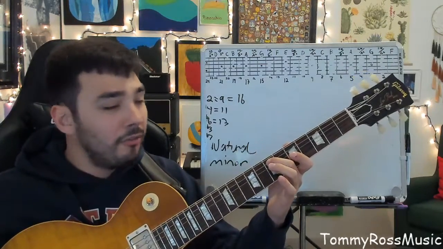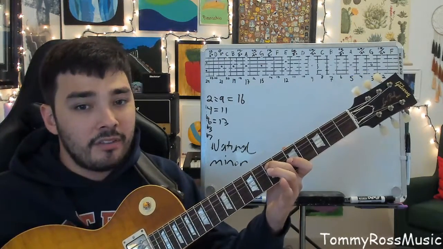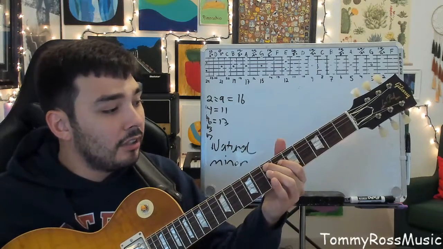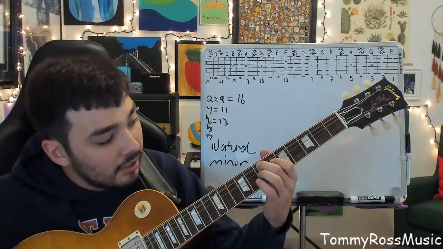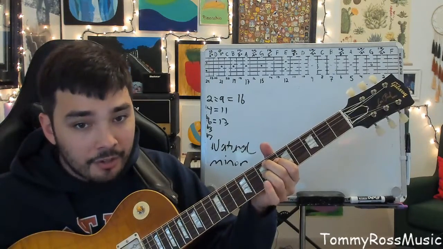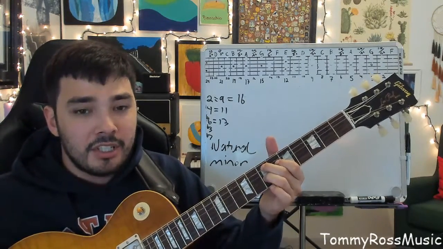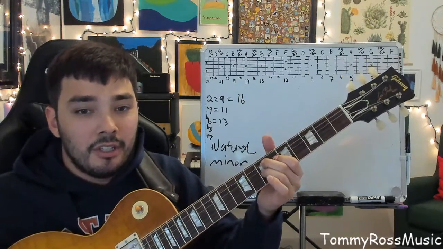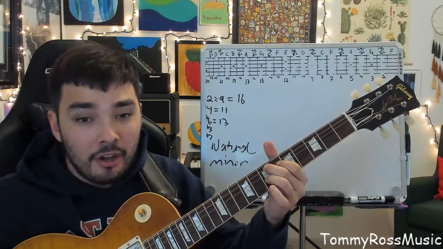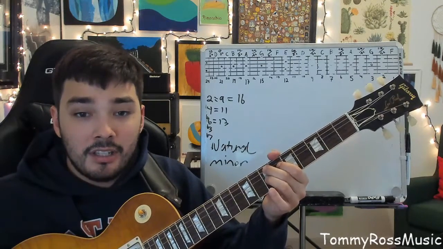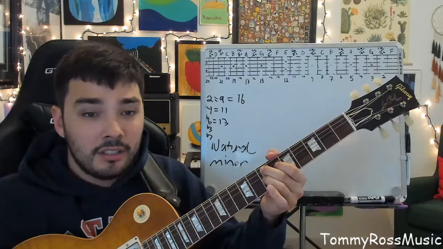You got your middle finger, put it on the 7th fret of your A string. Index finger, put it on the 6th fret of your D string. Your ring finger is going to be on the 7th fret of your G string, and that's going to be that 7th note in this scale of E.